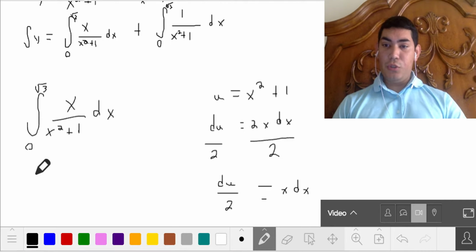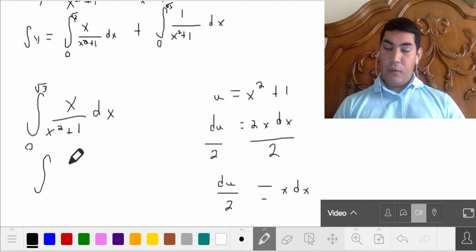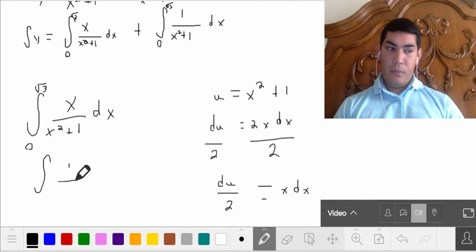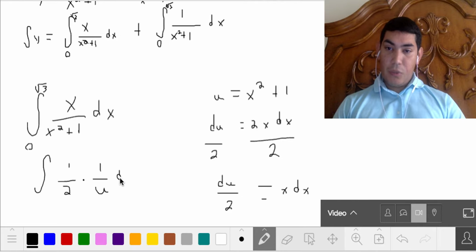So by substitution, we have the integral of 1 over 2 times 1 over u du.